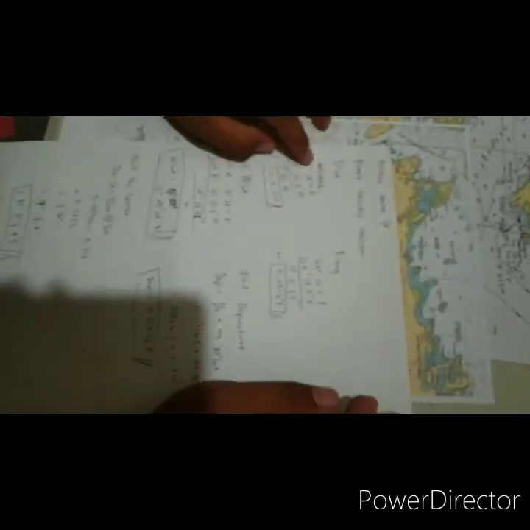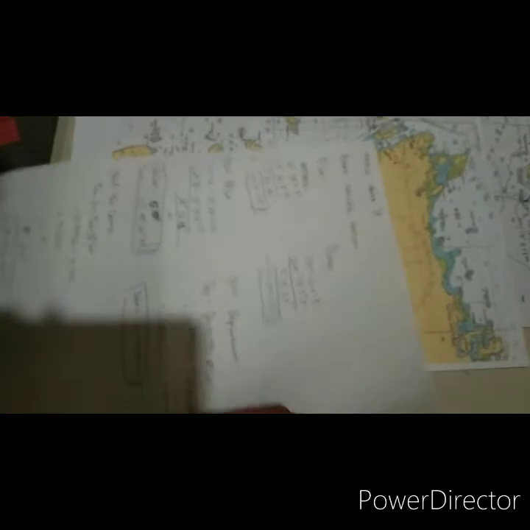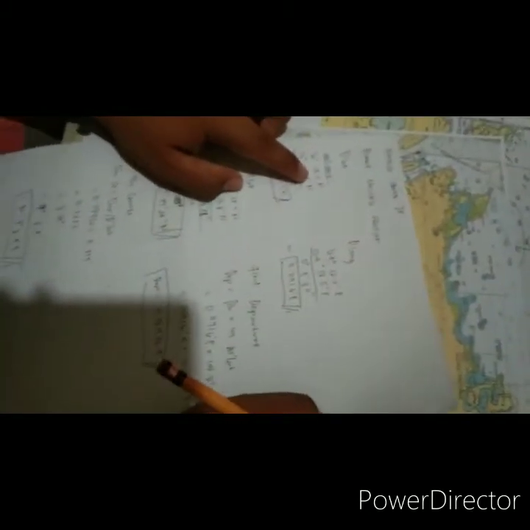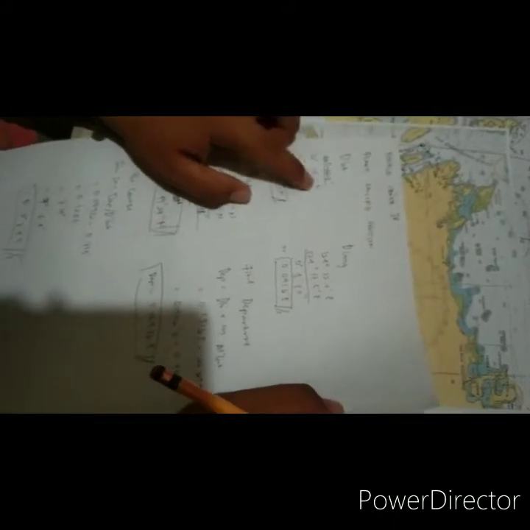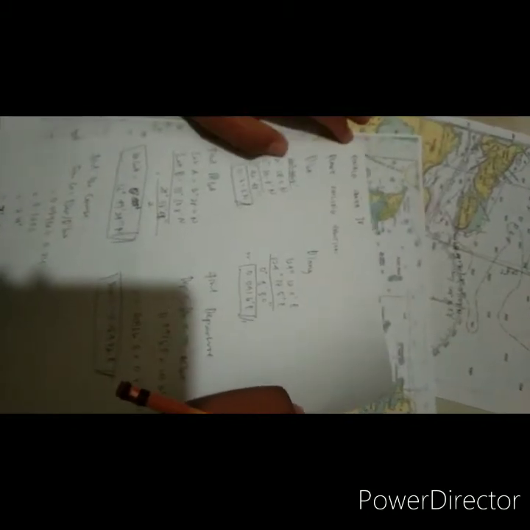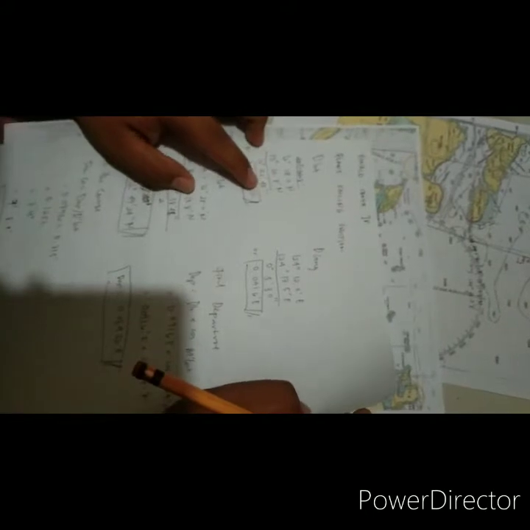So first we must find the DLAT. The latitude of waypoint 4 is 12 degrees 28.8 minutes north, and the latitude of waypoint 5 is 13 degrees 10.8 minutes north. So it is easy.